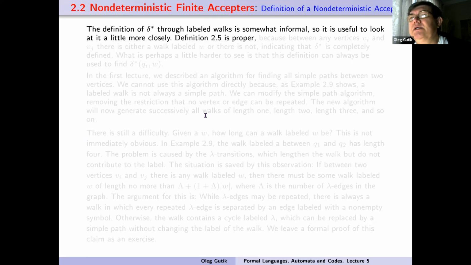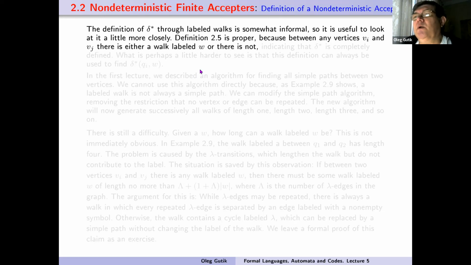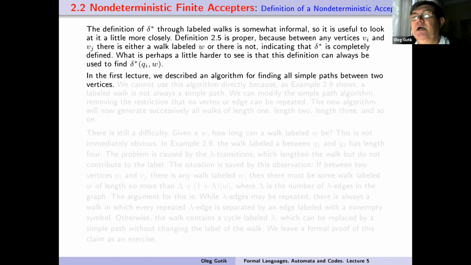The definition 2.5 is proper because between any vertices Vi and Vj there either exists a walk labeled by a string w, or there exists none. This indicates that the transition function delta star is completely defined.